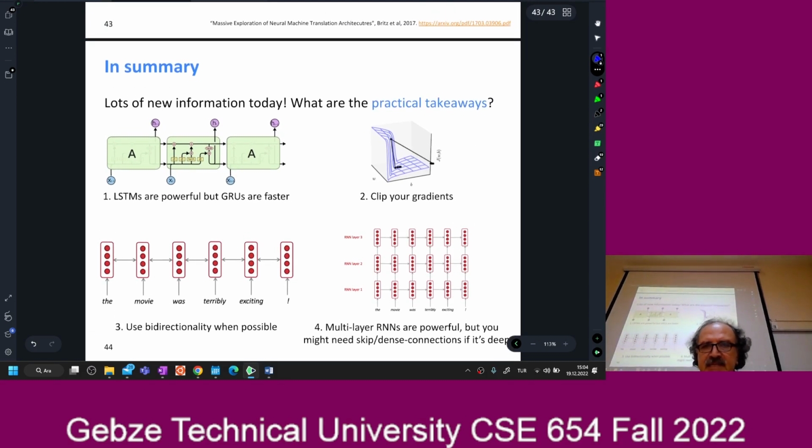So I guess that will be it about the RNNs and LSTMs, and now I'm going to look at neural machine translation. As I said, the ultimate application of natural language processing is machine translation, and we are going to see it in a few minutes. Any questions?